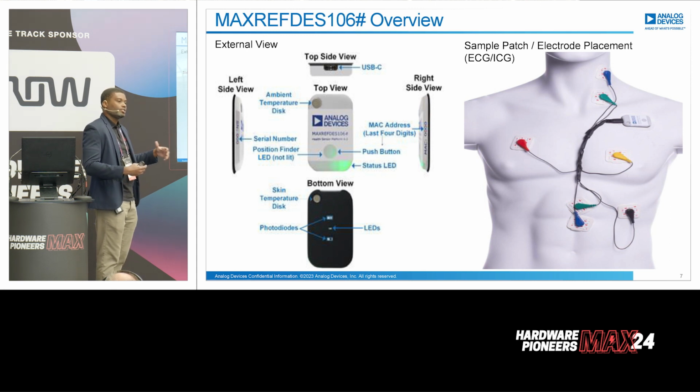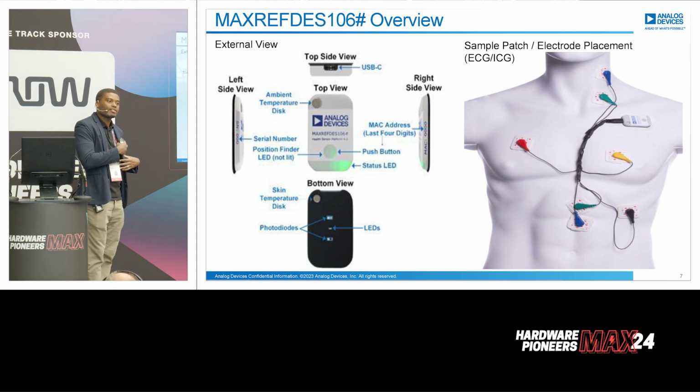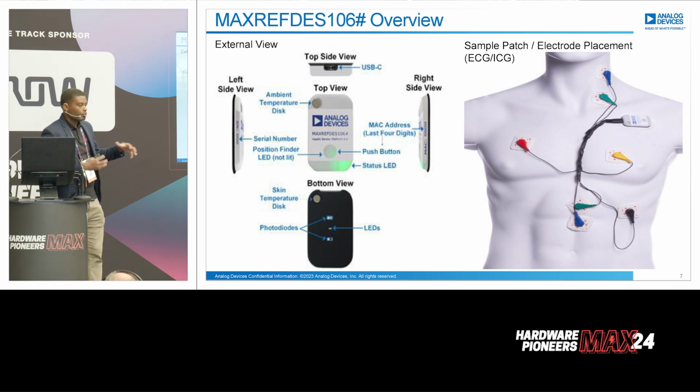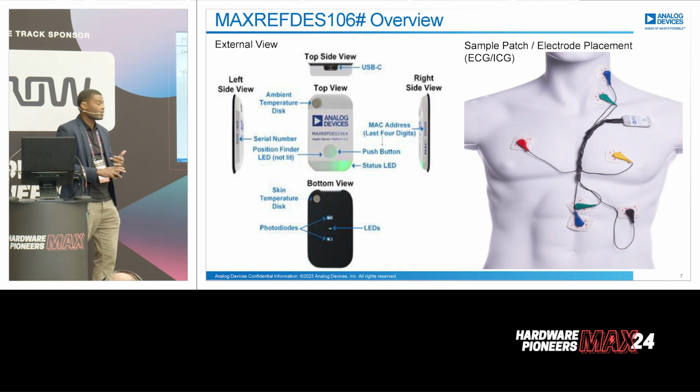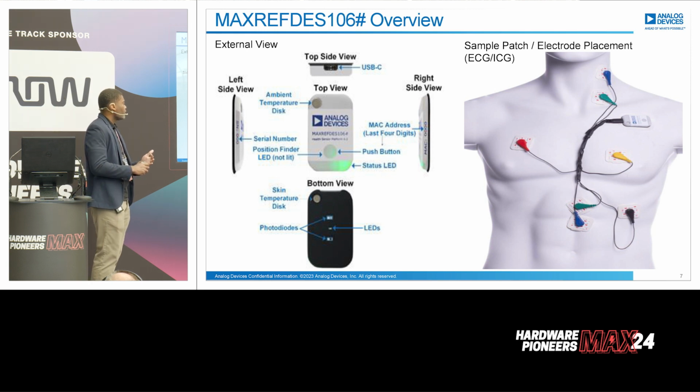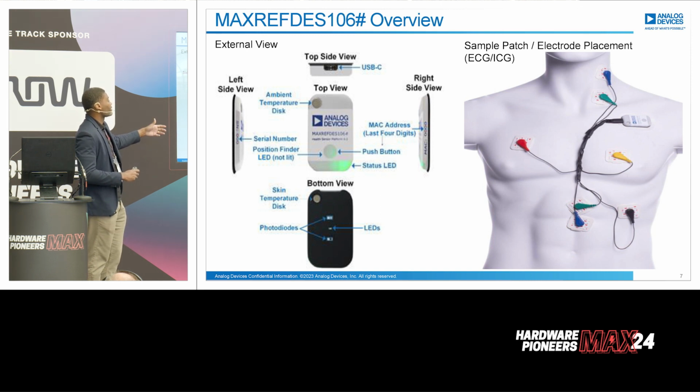So it's a patch that sits on your chest. This patch, you have electrodes connected to it that are used for the bioimpedance measurements. On the patch itself, there is a disc for the skin measurement. There's also another disc for the ambient temperature measurement.